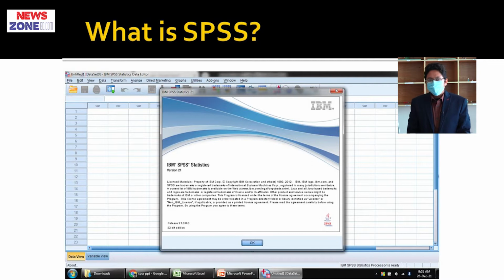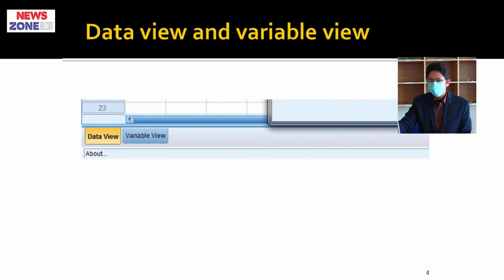So, what is SPSS? SPSS was previously known as Statistical Package for Social Science, but now it is only SPSS. It is a costly software to analyze data. If we open the SPSS software, we shall see an interface.